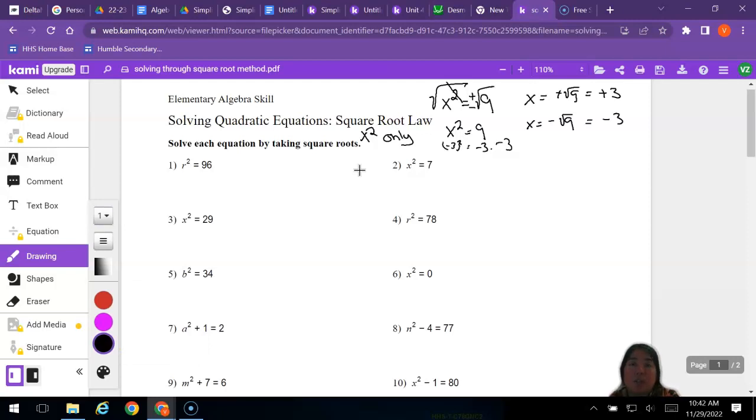So what we're going to do here for number 1 is find the value of r that makes this true. Since it's already by itself, there's nothing around it, I'm going to take the square root here, and I'm going to take the positive and negative square root of 96.